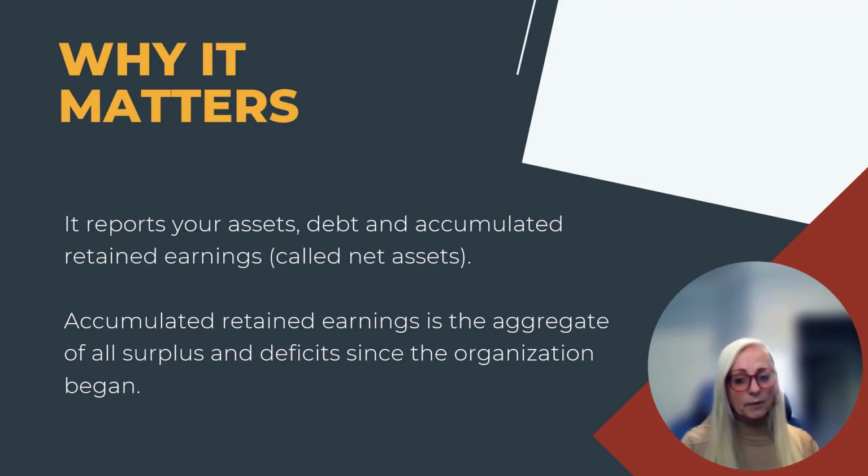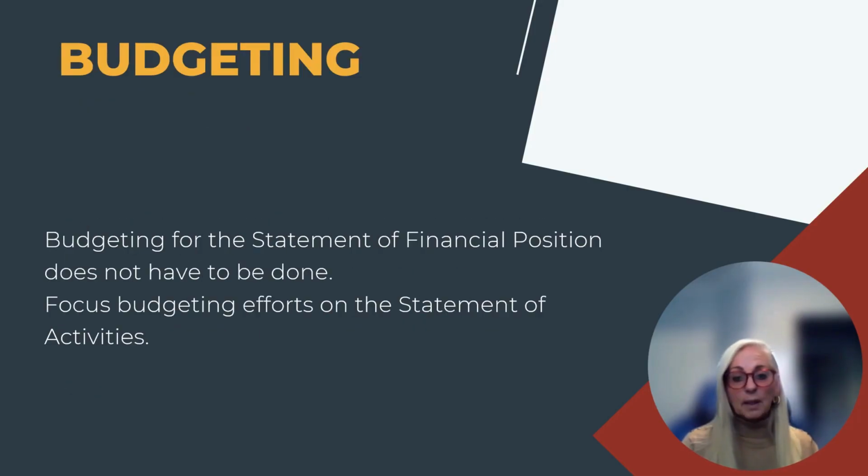So in not-for-profit, you'll see assets, liability, and a section called net assets. Net assets is essentially nothing more than retained earnings. Retained earnings in a for-profit, net assets in a not-for-profit, is nothing more than the accumulation of surpluses and losses throughout the years since the organization began.